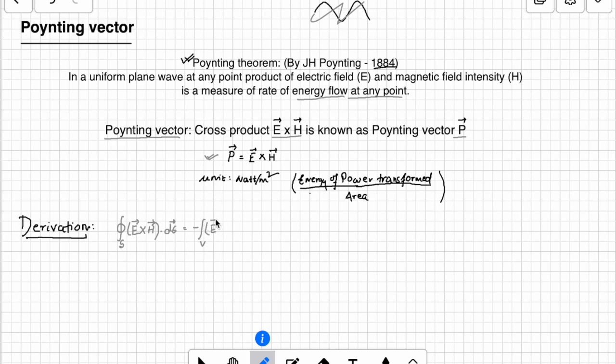I'm going to show what exactly they mean and what their physical significance is when we derive it. The integrals are over dv, so this is the volume integral.